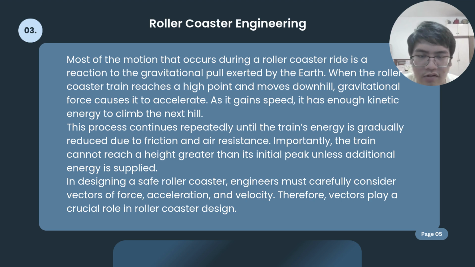This process continues repeatedly until the train's energy is gradually reduced due to friction and air resistance. Importantly, the train cannot reach a height greater than its initial peak unless additional energy is supplied. In designing a safe roller coaster, engineers must carefully consider vector force, acceleration, and velocity. Therefore, vectors play a crucial role in roller coaster design.